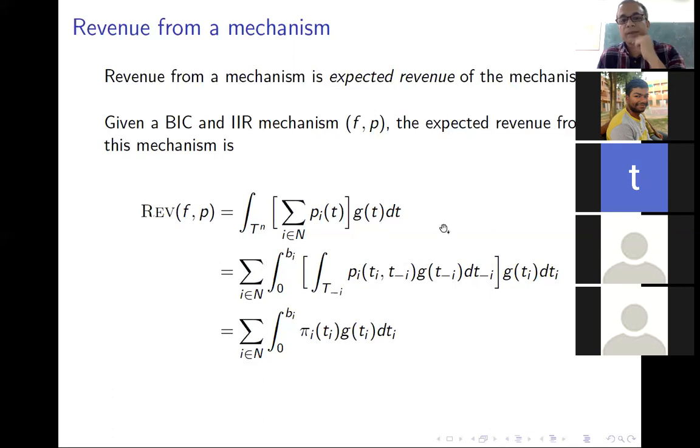Sir, why are we only considering independent priors? Right. If you remember in the last class also, the tools that we have developed only work for independent priors. If we have correlated priors, we will cover that also.